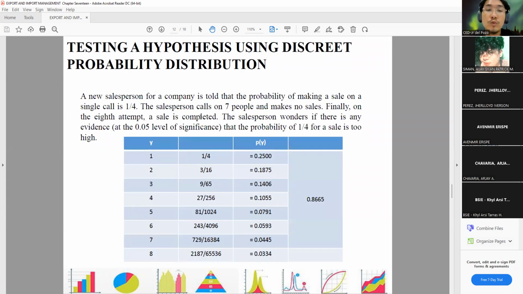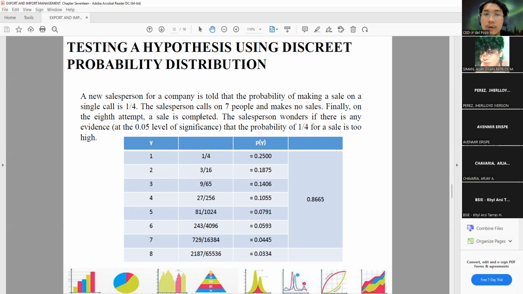Now, if we try to test the hypothesis using discrete probability function, for example, a new salesperson for a company is told that the probability of making a sale on a single call is 1/4. Single call.